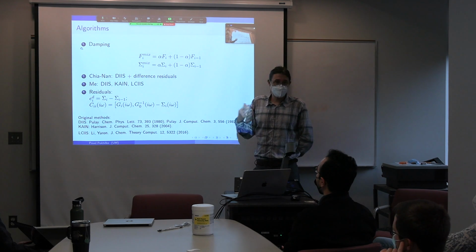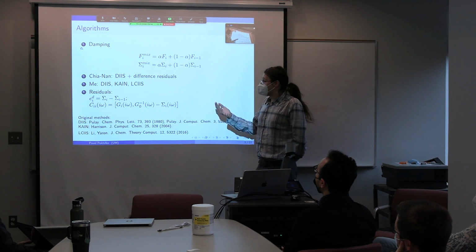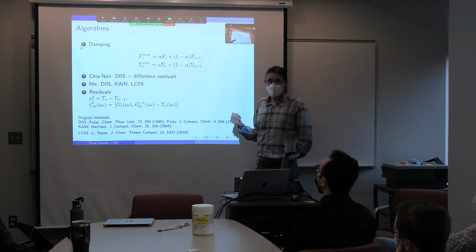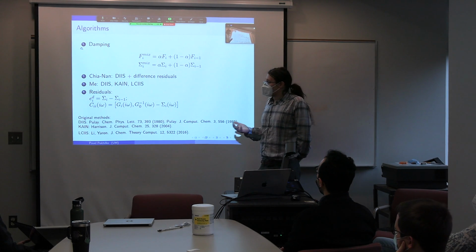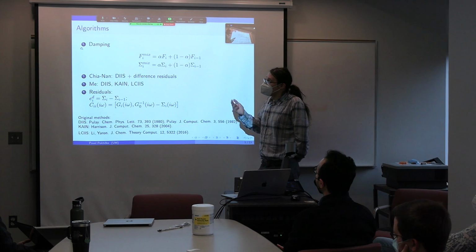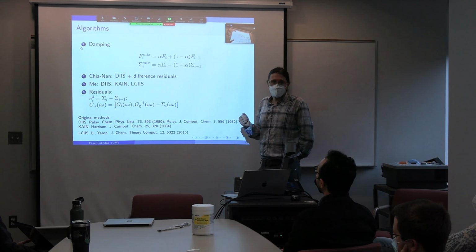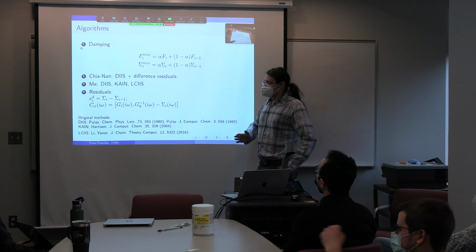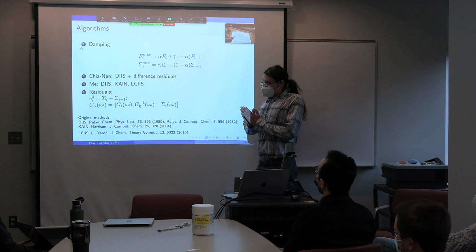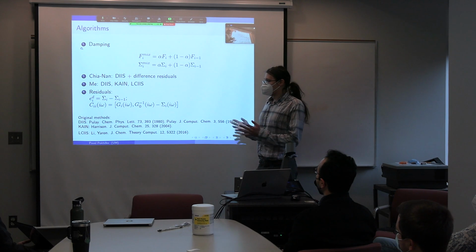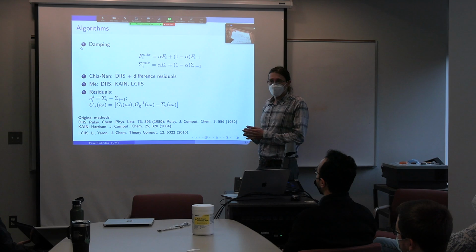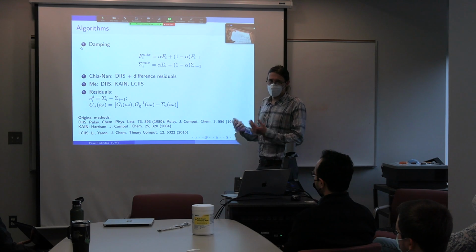Previously, there was some progress in the accelerated methods. Chienon implemented his version of DIIS that uses difference residuals. However, some results from that code were hard to analyze, because sometimes it behaved more slowly than damping, and it wasn't clear why. So I decided to separate the implementation of the algorithm from the problem, so to localize the issue, to figure out whether it is a problem with the code or with the algorithm.